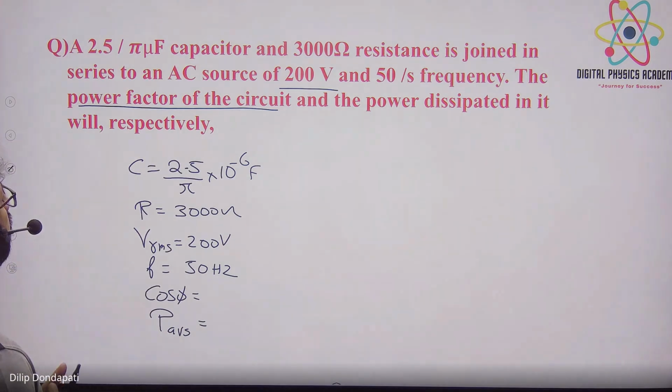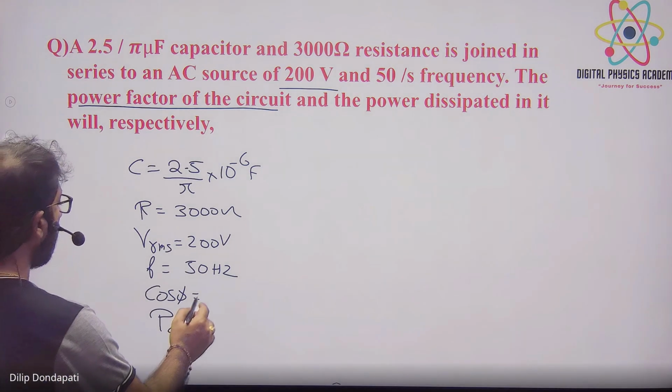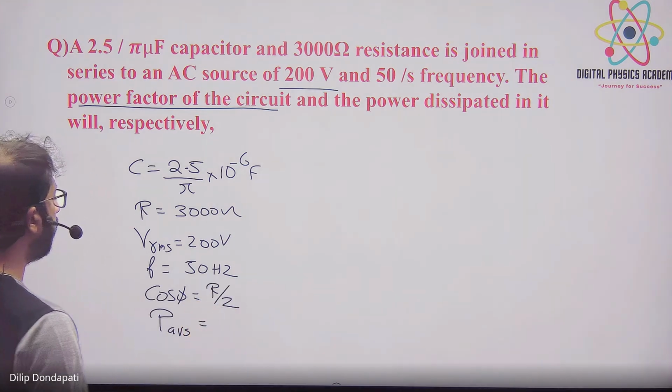Since it is an RC circuit, power factor is R by Z. So you have to find R by Z.